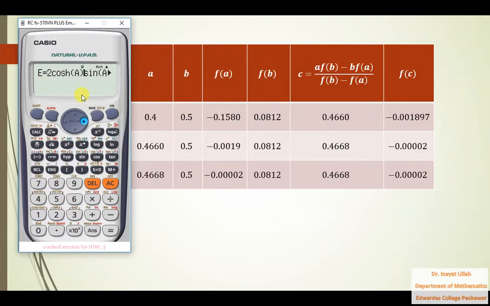Then f of B, we denote this f of B by say F, so F is equal to f of B.